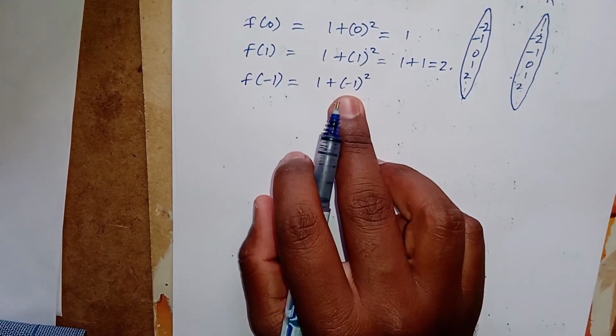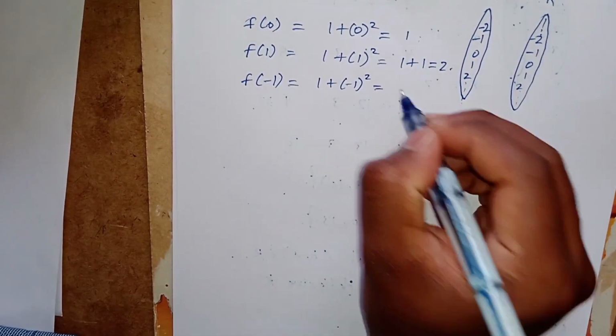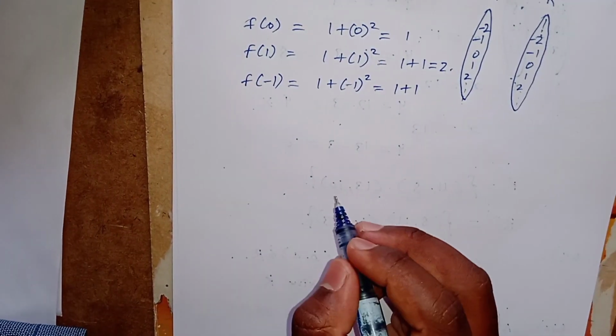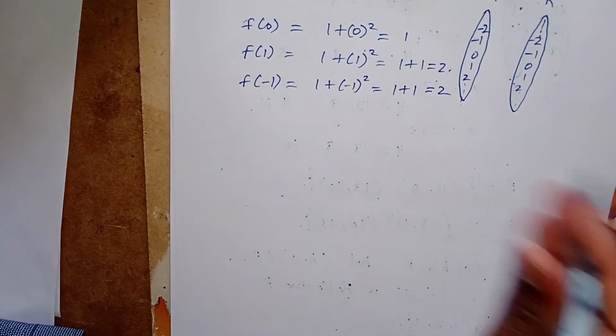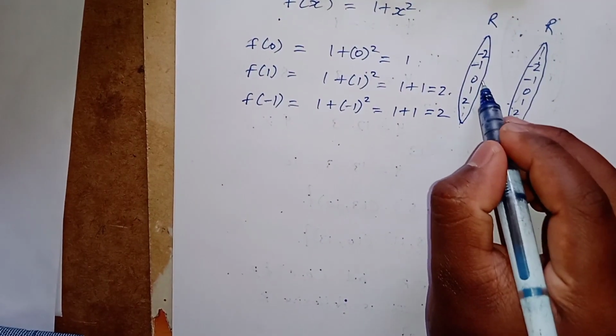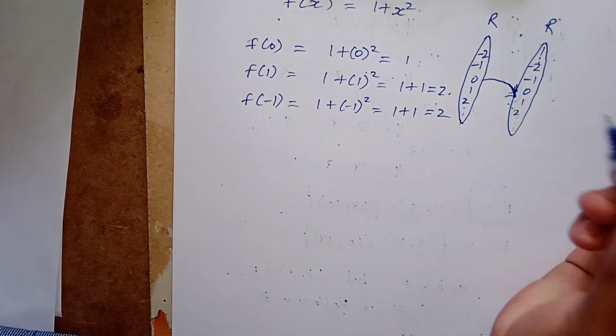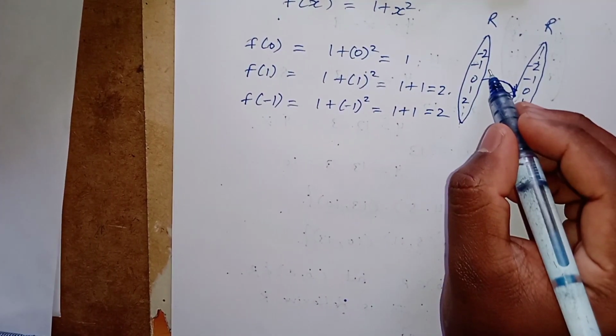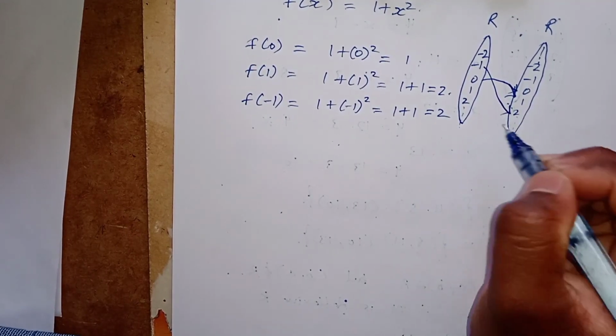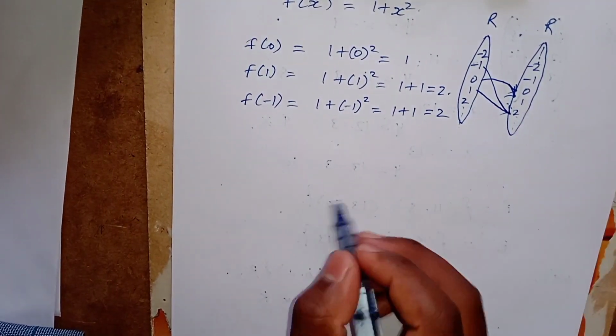If you square the minus term also, you will get the plus value only. Therefore, 1 plus 1 here 2. I am plotting. For 0 it is 1. For minus 1 it is 2. For plus 1 it is 2.